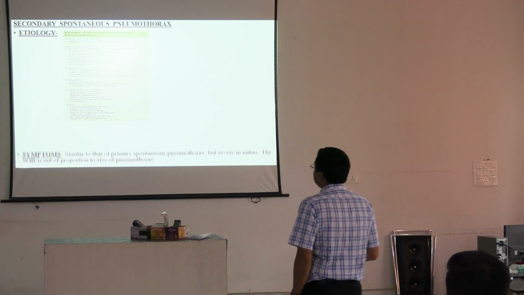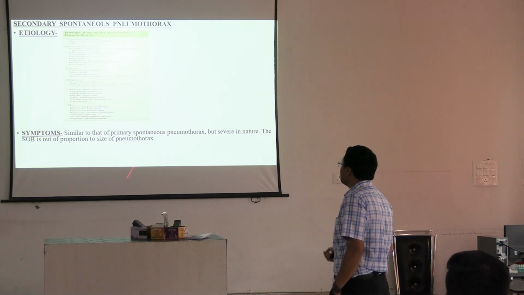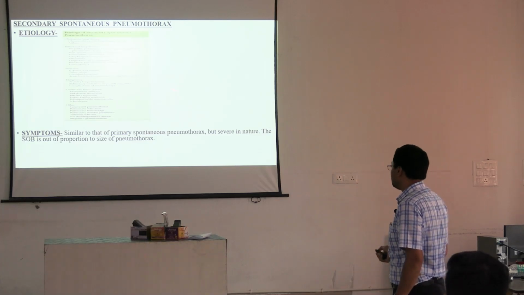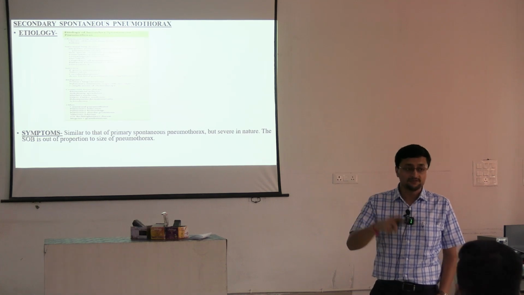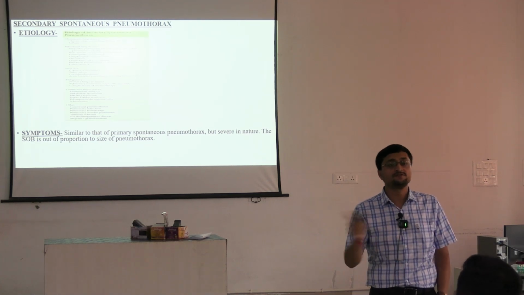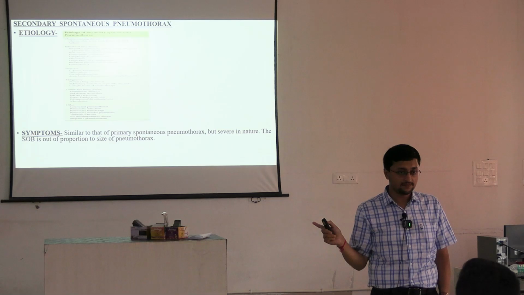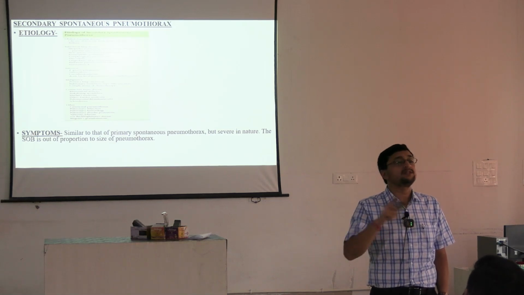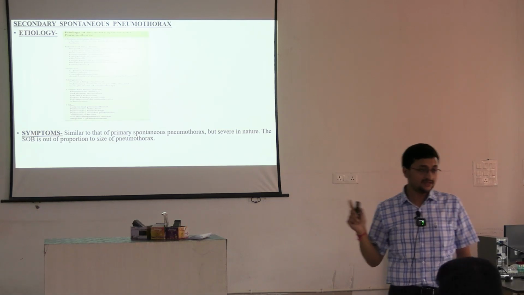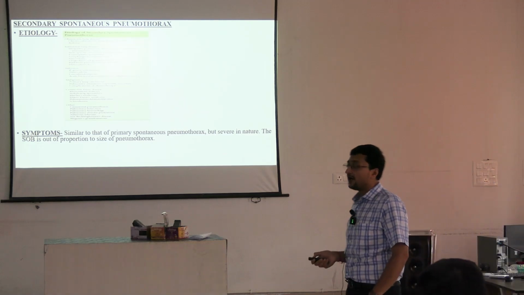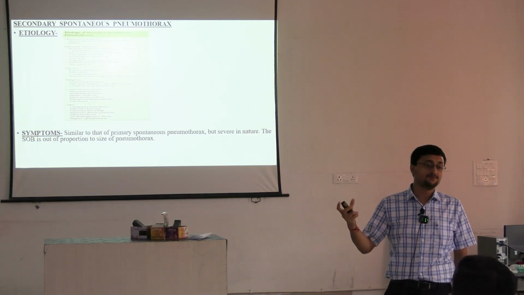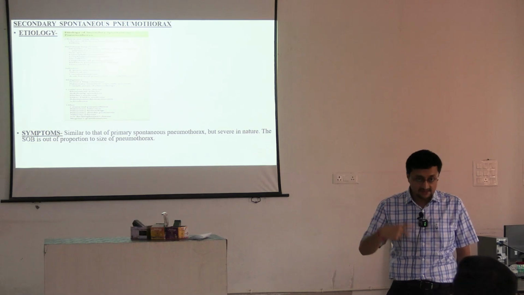Okay, so symptoms of secondary spontaneous pneumothorax are similar to that of primary spontaneous but severe in nature, because there is loss of VQ matching, loss of compensatory mechanism in case of secondary spontaneous pneumothorax, and the shortness of breath will be out of proportion to the size of pneumothorax because the lung itself is diseased.